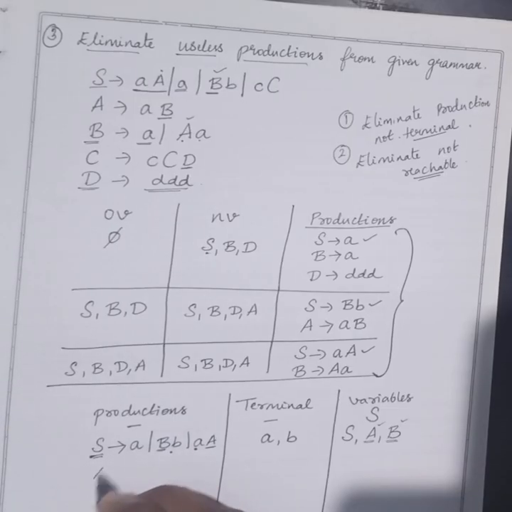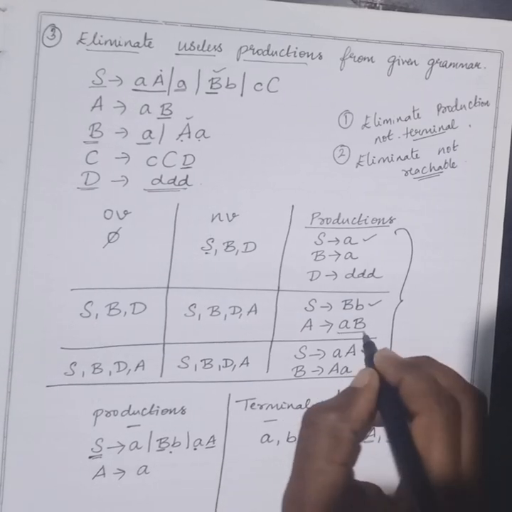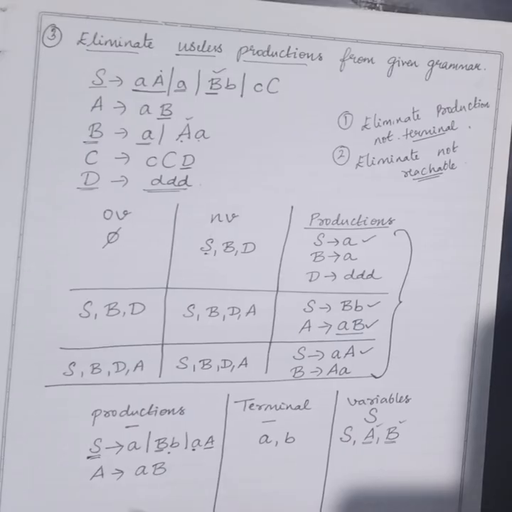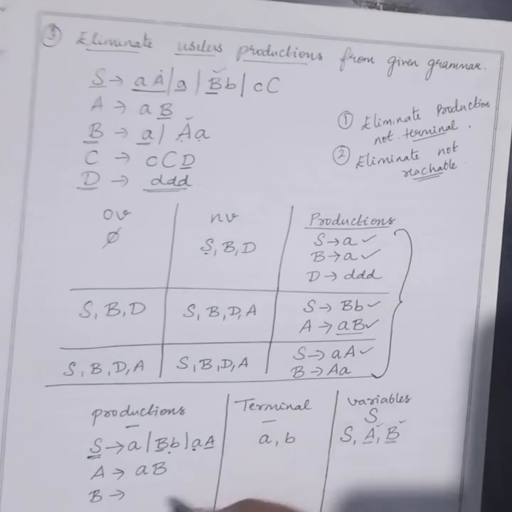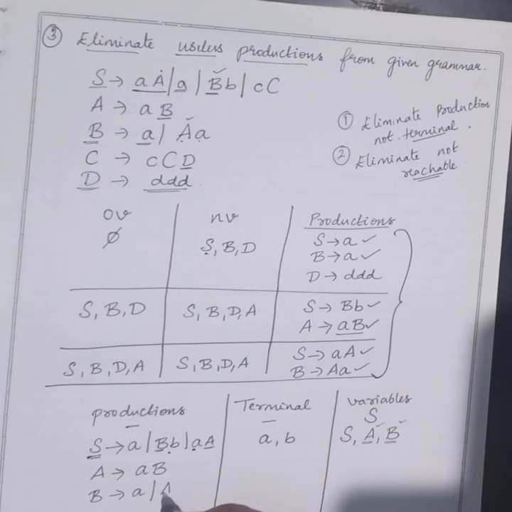For A we have only one production, that is A derives small a capital B. This production we are considering. For B we have two productions: B derives small b, or B derives capital A and small a.